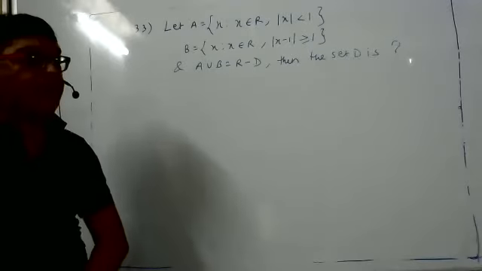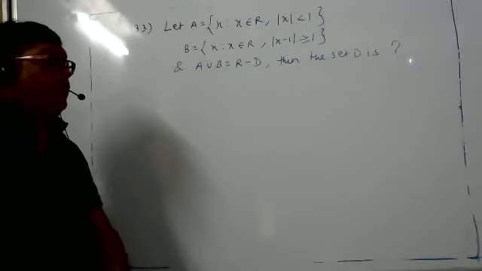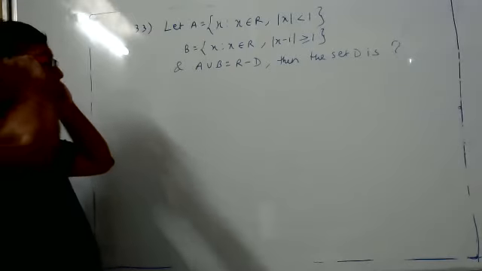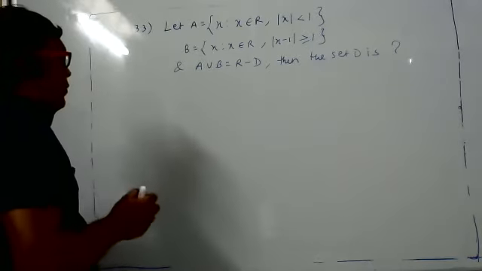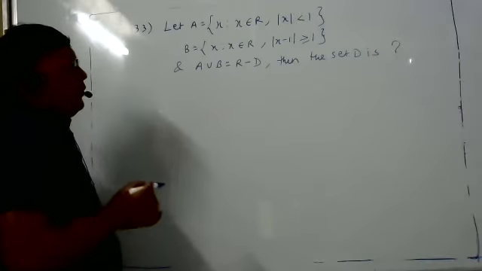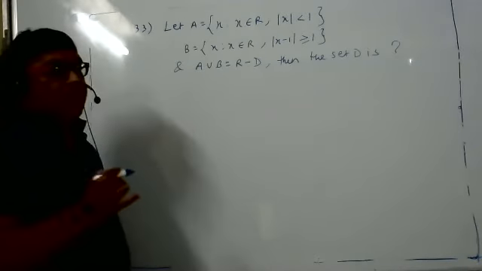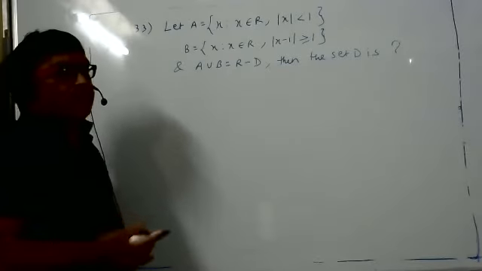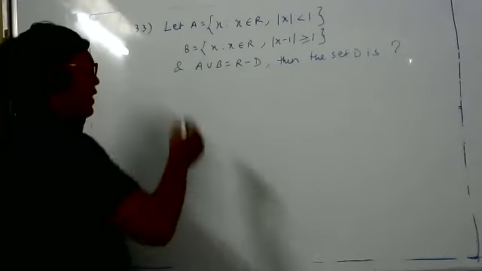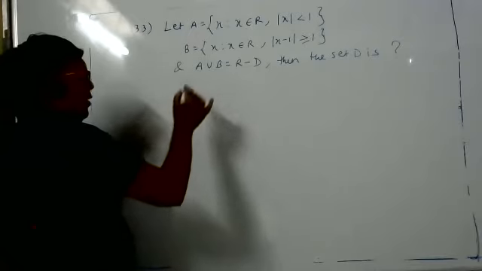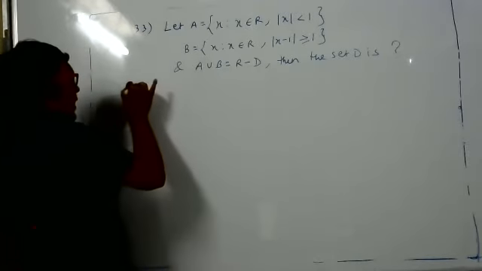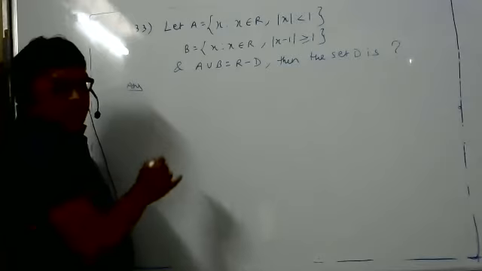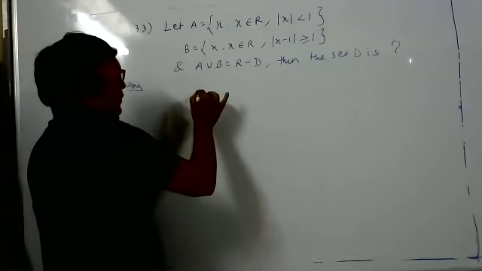Now listen here, student. We can find A union B only when I know A and B. So our first work is to find A and B. See on the board. Already I have taught you intervals also: closed interval, open interval, semi-closed interval, semi-open interval. Coming to set A, what is set A? Set A is mod X less than 1.